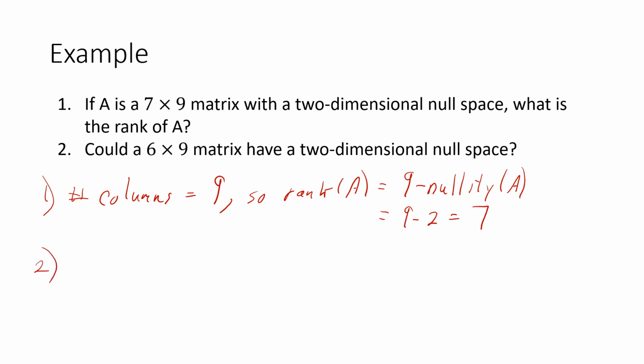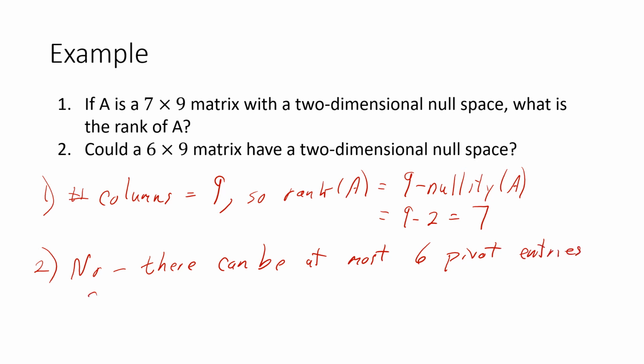The second one, if we have a 6 by 9 matrix, well, can it have a two-dimensional null space? Well, the answer to this is no. We only have 6 rows, so there can only be 6 pivot columns. There can only be 6 pivot entries. So there can be, at most, 6 pivot entries.